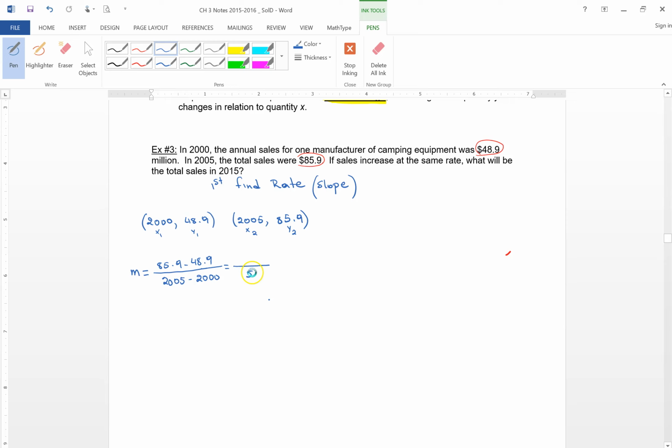So this is how much? 37 over 5. Now, what does that mean? This means it changed $37 million. It changed by $37 million over 5 years. Okay, now when we divide that, what do we get? 37 divided by 5, what do we get?